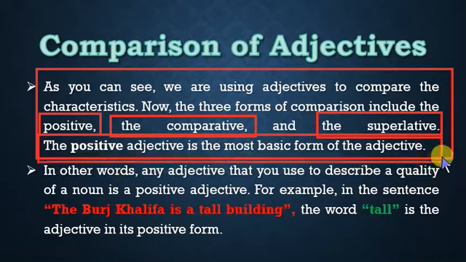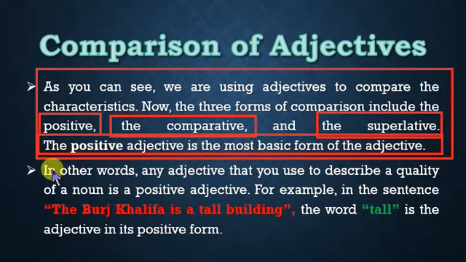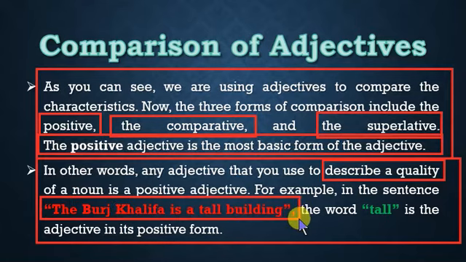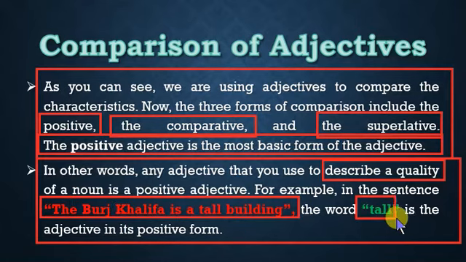In other words, any adjective that you use to describe a quality of a noun is a positive adjective. For example, in the sentence, the Burj Khalifa is a tall building, the word tall is the adjective in its positive form. So now we will move to the next slide.